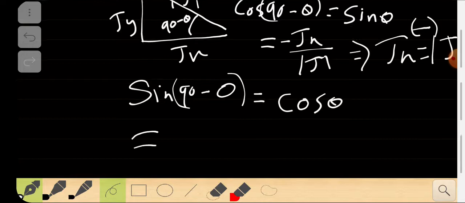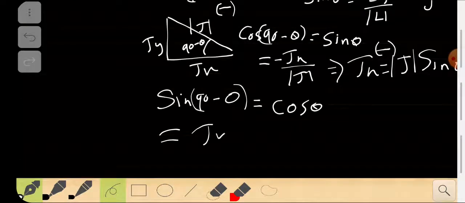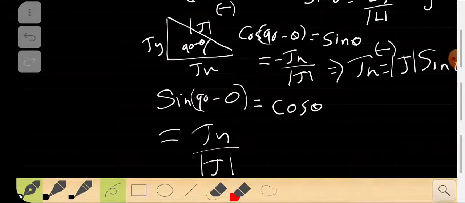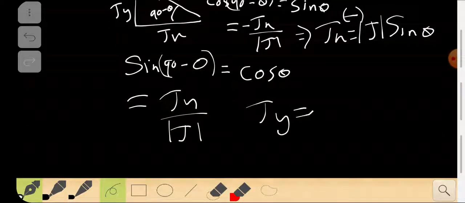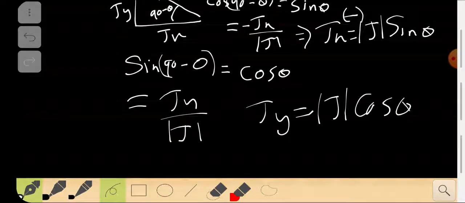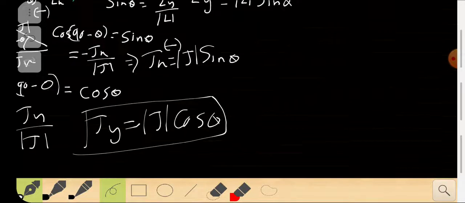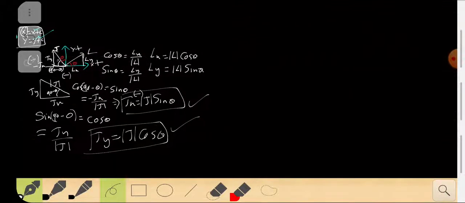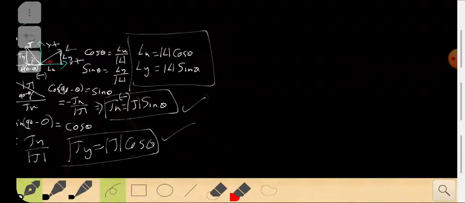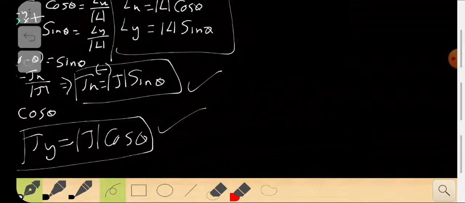So that will be equal to opposite, which is jy by magnitude of j, okay. So you can say that jy is equal to j times cos theta. So you found out jx, you found out jy, and we have also found out lx and ly, right? So we got all that.